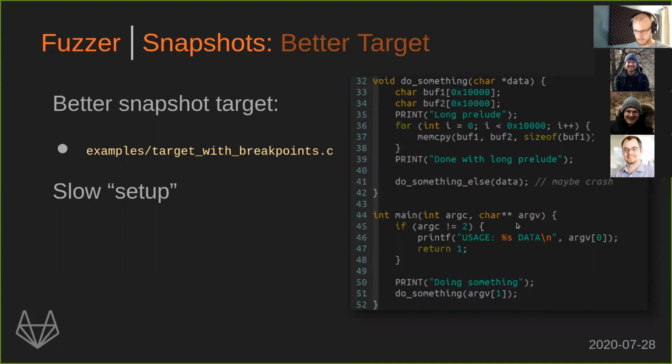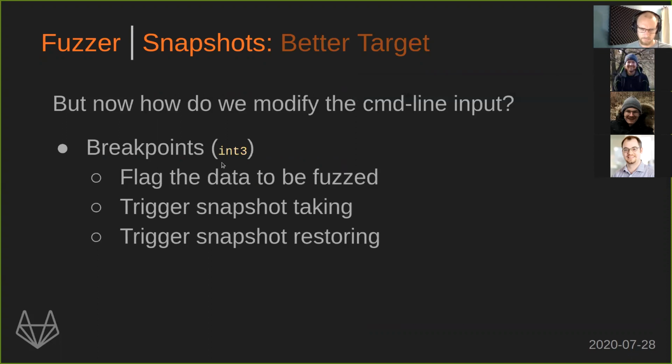Now, if we're using a snapshot-based system, we'll create the process once and then keep resetting it. So how do we modify that input value on the command line? And that's what we're talking about next. So we can manually insert breakpoints.